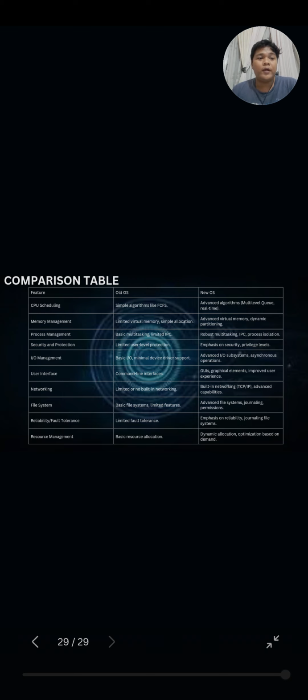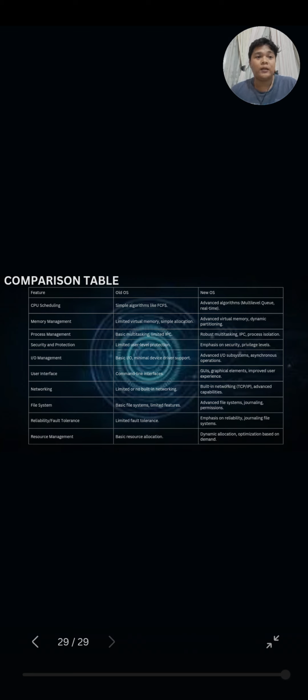In terms of memory management, old OS has limited virtual memory and simple allocation. New operating systems have advanced virtual memory and dynamic partitioning.